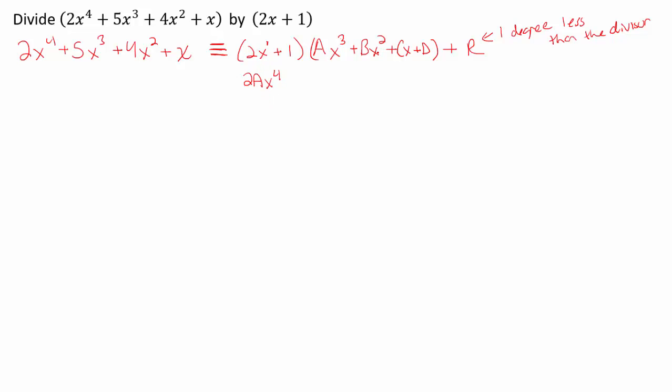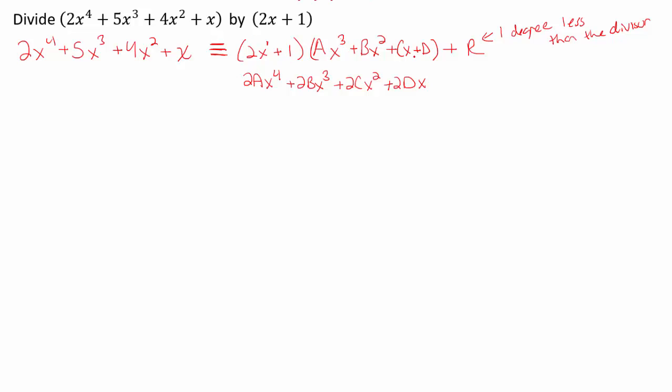Then I'm going to multiply this 2x by the bx, and I'm going to get 2bx cubed because there's 1 here and there's 2 here. And then 2x times cx is going to give me 2cx squared because there were 2 x's. And 2x times d is going to give me 2dx.